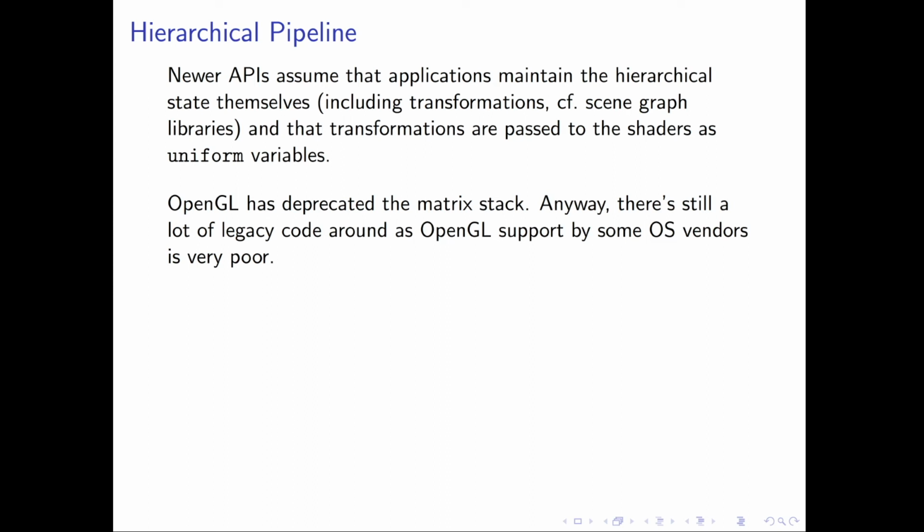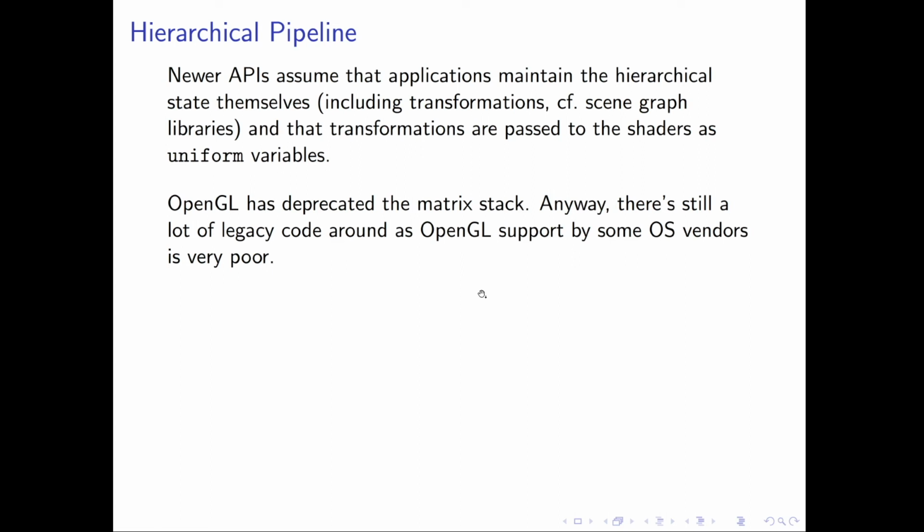Quite often, this is just done using some sort of scene graph library that operates on top of the low-level graphics API. And the interoperability between those libraries and the graphics API is basically by passing matrix transformations and by passing state as uniform variables to the shaders.